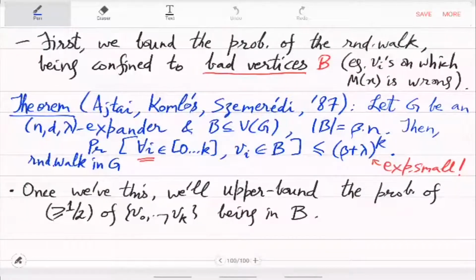So let's prove this theorem in blue, and once we have a proof of this theorem, then we will show how to get at least half of the vertices outside the bad set B. Okay, so that calculation will be similar to this. And then you can use it in the algorithm. So let's start the proof of this.